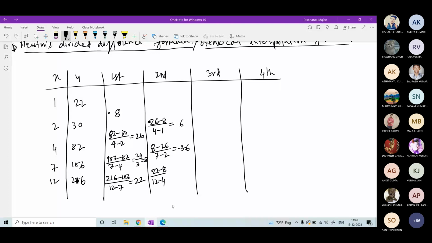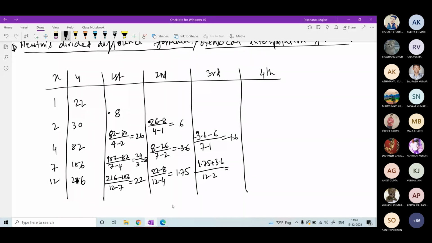Okay, now the next order, the third order divided difference. What is the element here? Minus 3.6 minus 6 by 7 minus 1. That will be coming as minus 1.6. What is the entry at this position? 1.75 minus minus 3.6, that will become plus, by 12 minus 2.